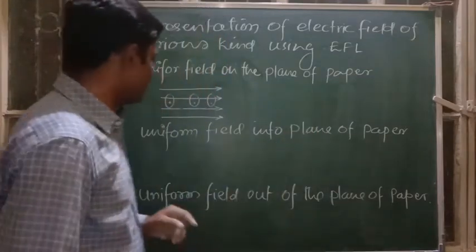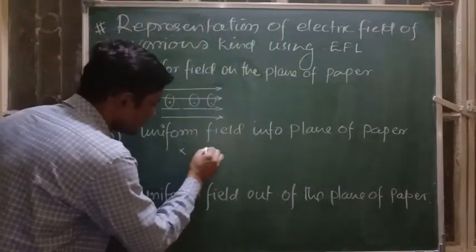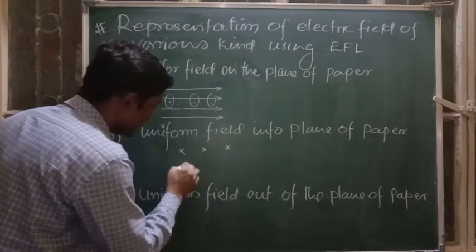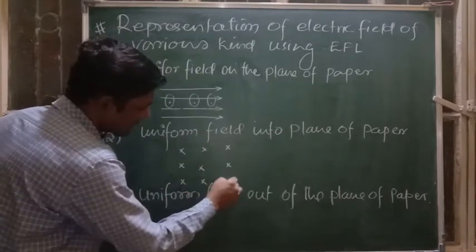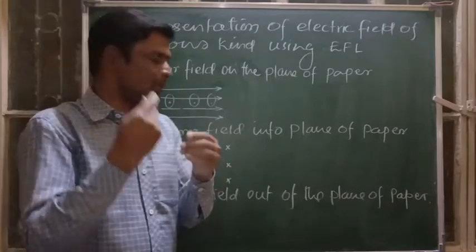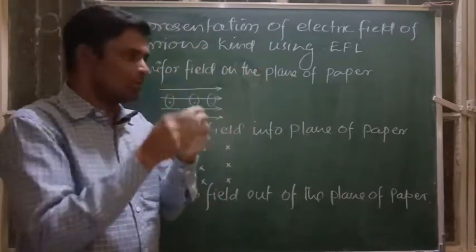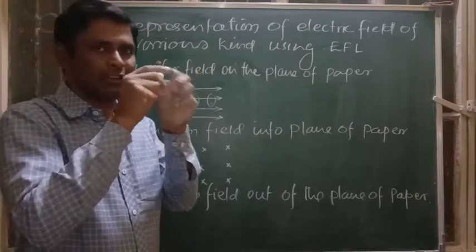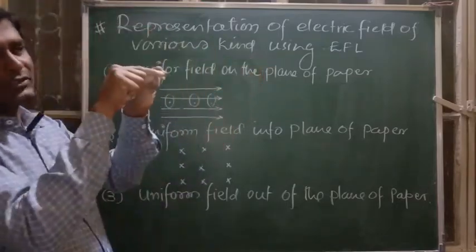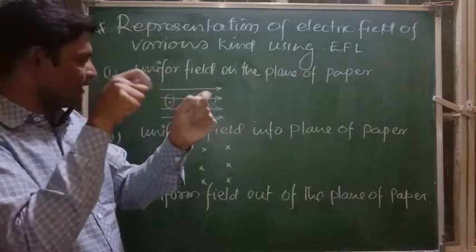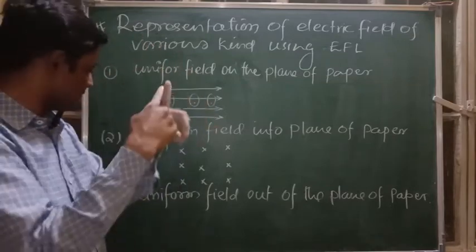Now uniform field into the plane of paper. In that case we have to represent the field like this with equidistant crosses. This cross represents the back portion of the arrow. You know, an arrow has a feather in its back, and if it is going inward, you will be able to see the two feathers crossing each other.